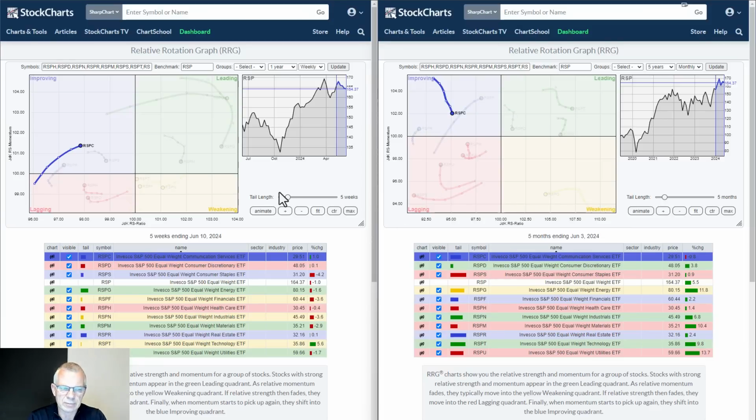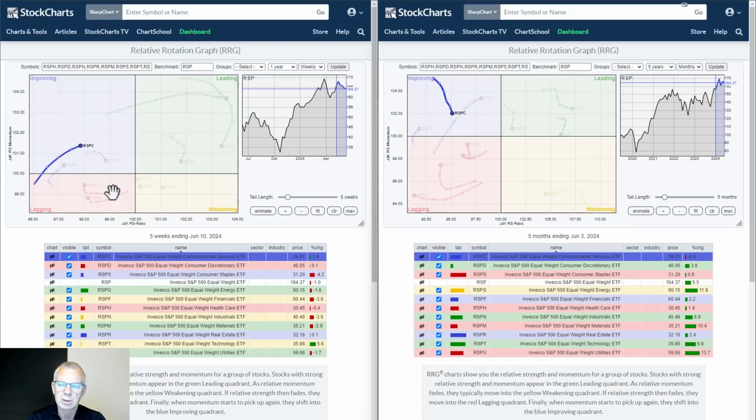And here we have communication services. The monthly is clearly rolling over, while the weekly is improving inside weakening. But this is the longer term trend. So I can totally see how this weekly would roll over and get back in sync with the monthly. So for me, this is like an orange annotation. I'm doing green for outperformance, red for underperformance, orange for outperforming and rolling over, and blue for underperforming and starting to improve.